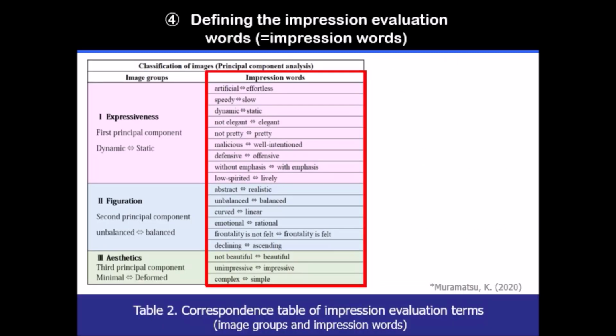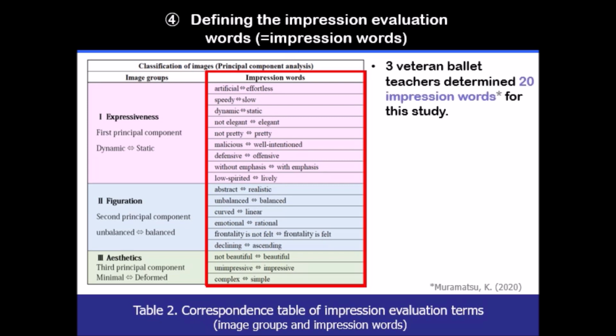4. This table shows defining the impression and variation words. The 3 veteran ballet teachers consulted with researchers and decided on 20 impression words to be used in this study.